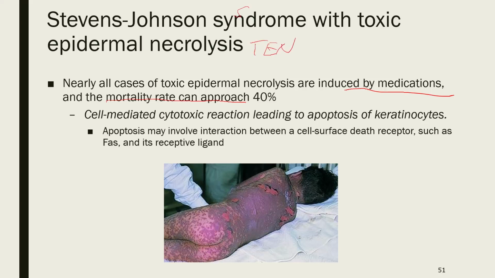This is SJS; TEN is more serious. The hallmark of the serious case is shown in this picture. It can be very bad on the skin, as shown here. Cells can be dying, so this can eventually lead to cell-mediated cytotoxicity, leading to apoptosis of skin cells or keratinocytes, and it can manifest pretty badly.